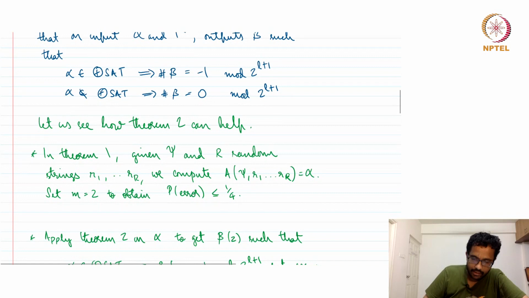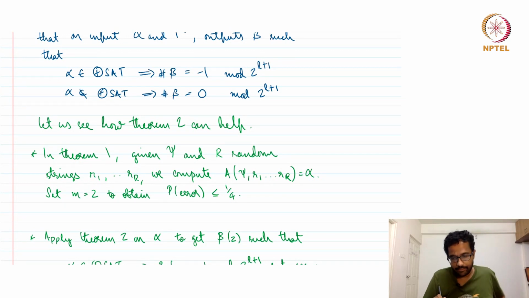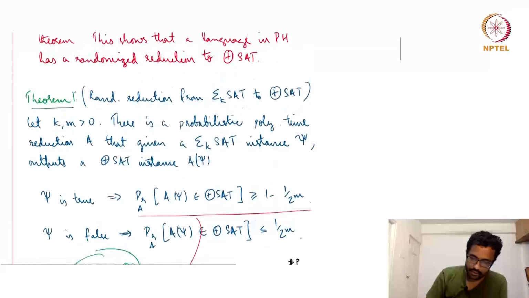So given psi in theorem 1, we compute alpha. Alpha is basically psi with a bunch of random strings and some processing, that's what we saw in the previous lecture. And we knew that the probability of psi and A psi disagreeing was 1 divided by 2 power m.